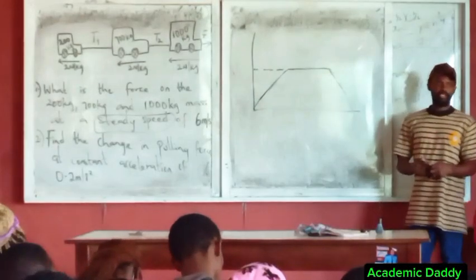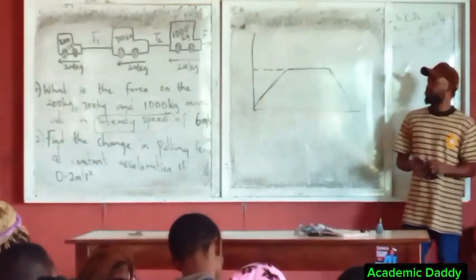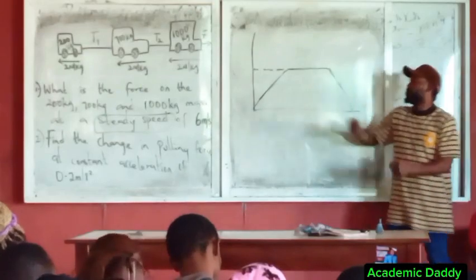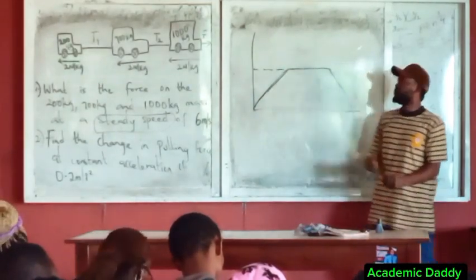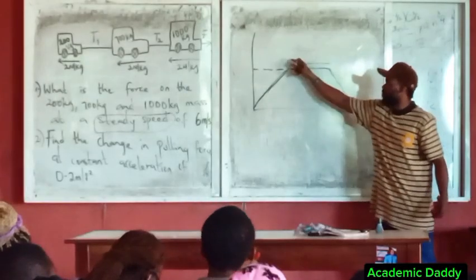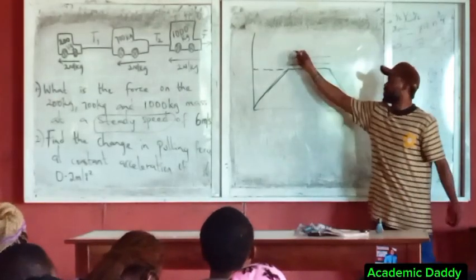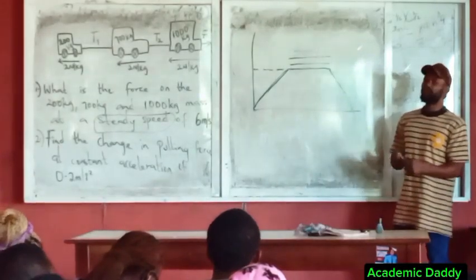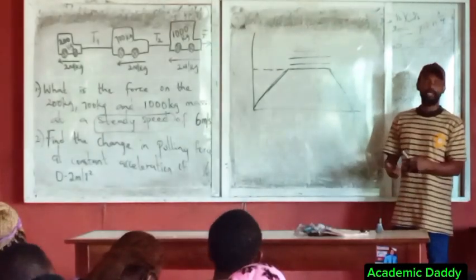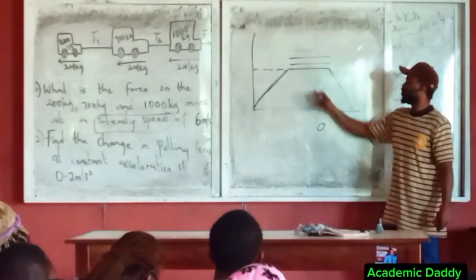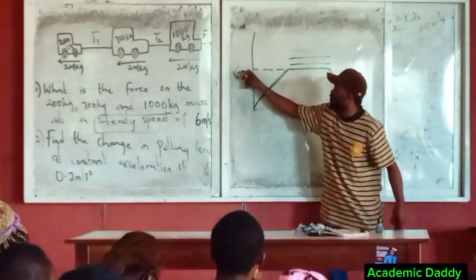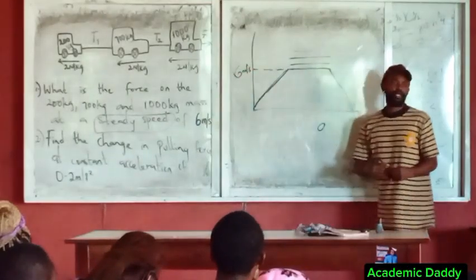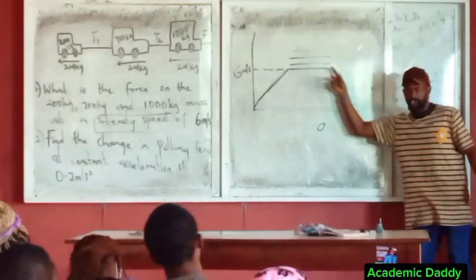Flat. Nothing. So for that reason, if they tell me something is accelerating constantly, it simply means that as it's moving, it's not shaking, no problem, so I'll use the value. It's different from when they tell me constant speed, constant velocity, steady speed. No matter the value given to me to confuse me, I will know that constant speed, maybe 6 meters per second, means there is no acceleration.